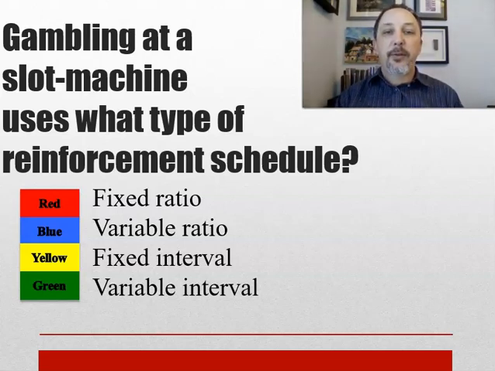And the answer is variable ratio. This had the highest number of responses. Think about how a variable ratio works. If you buy food at a snack machine, right? You put money in and food doesn't come out. Are you going to keep putting money in? No. But you know how slot machines work at casinos.